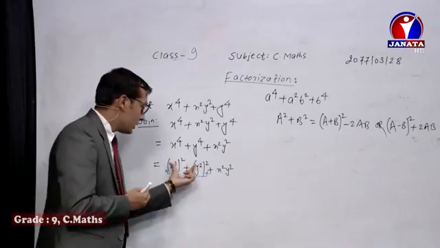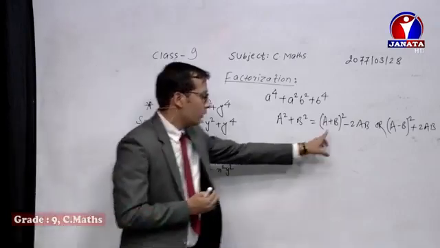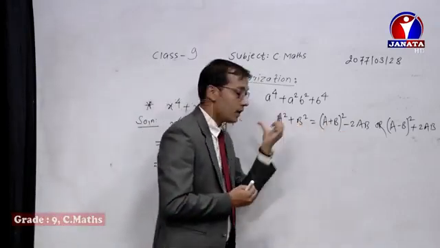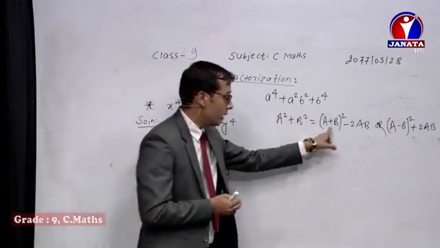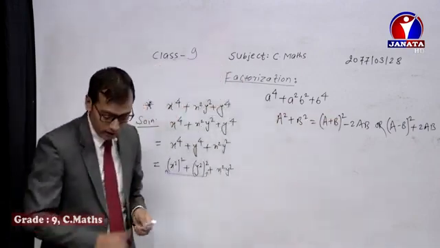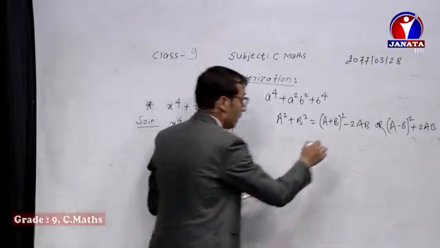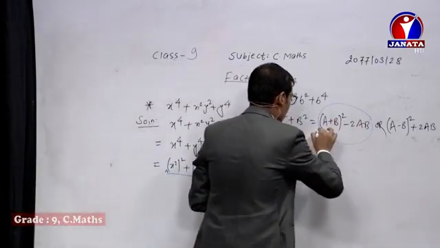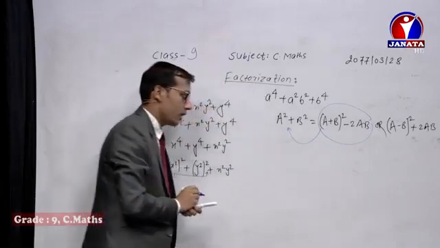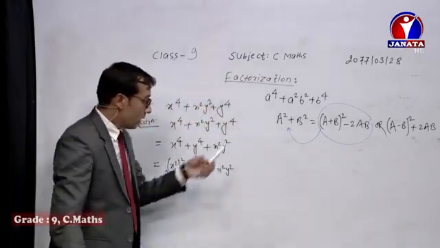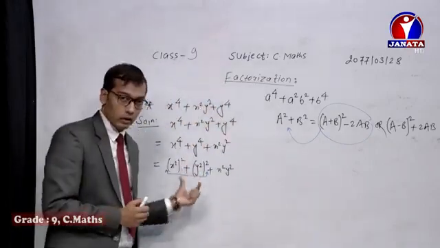Let's convert this into the first formula of a square plus b square. This is a plus b whole square minus twice ab. So here I am using the first expanded form of a square plus b square. Let's use this formula and try to factorize this.